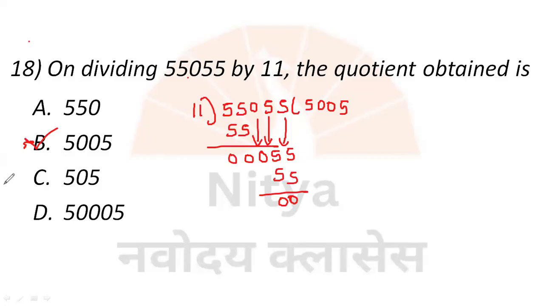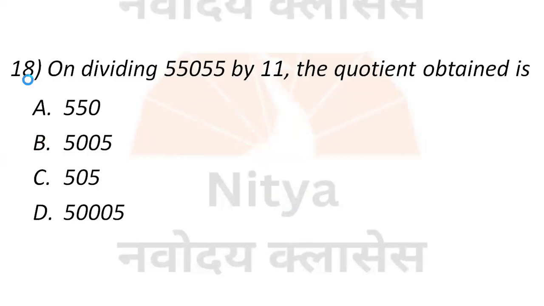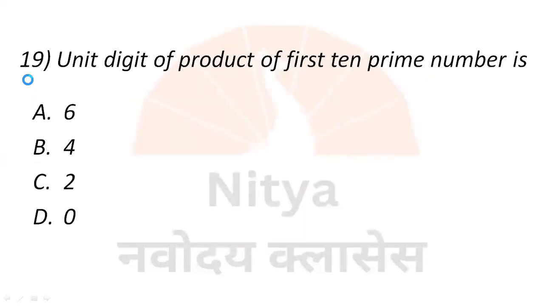Okay. Next question. 19. Unit digit of product of first 10 prime numbers is. The first 10 prime numbers are 2, 3, 5, 7, 11, 13, 17, 19, 23, and 29.